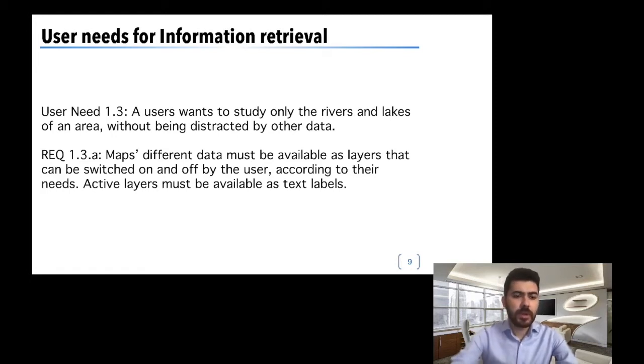And so, as a requirement for this user need, different data must be available as layers that can be switched on and off by the users according to their user need. And the active layers must be available as text labels, so they can be found easily by users while looking into the map.